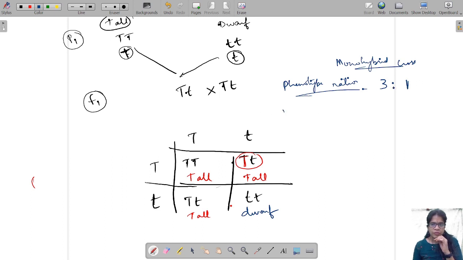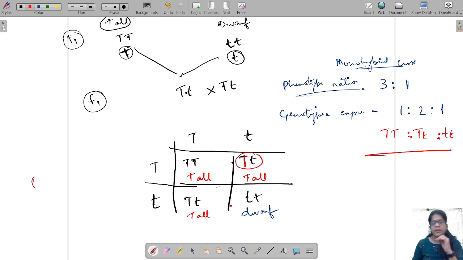So instead, if you go for the genotypic expression, so hope I am clear.